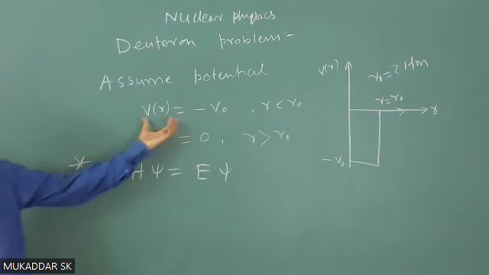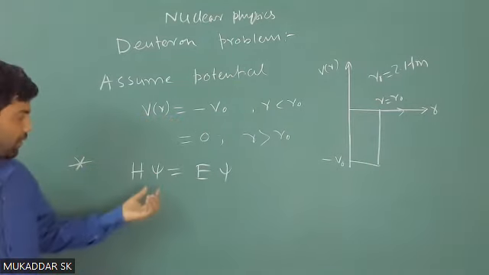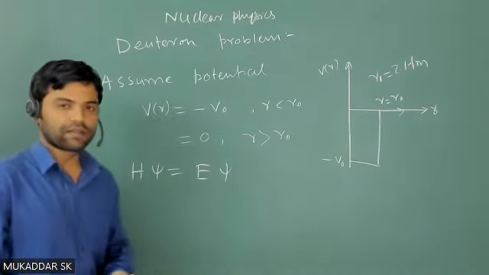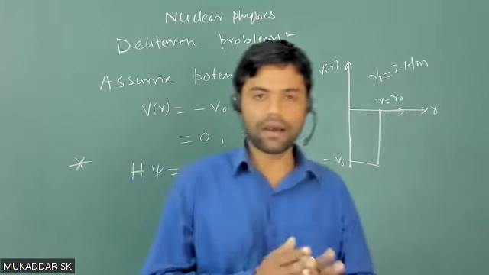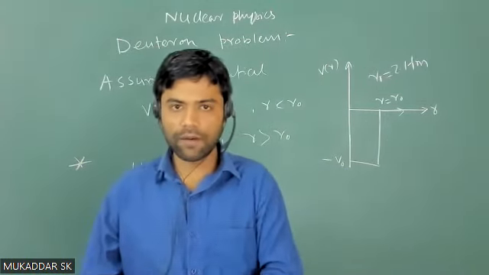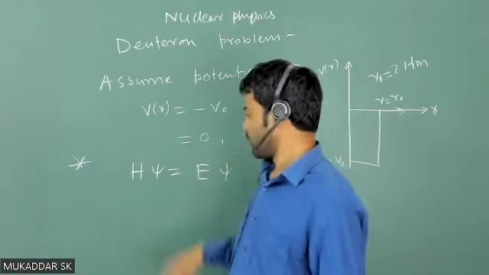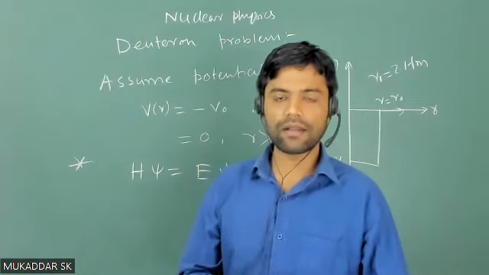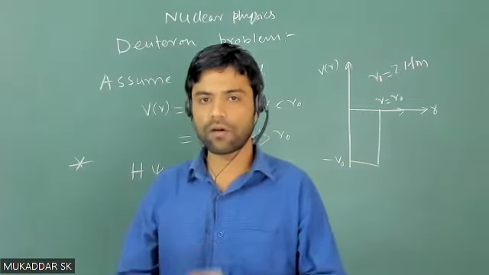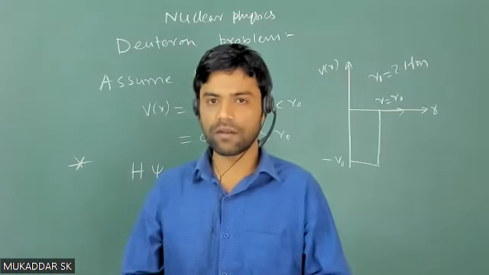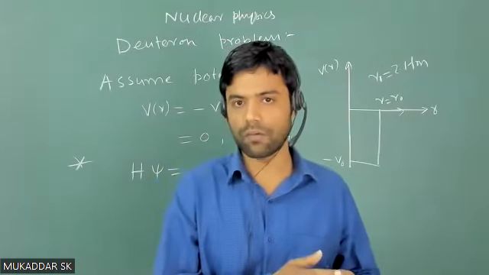And when you have a centralized potential, then this wave function psi has three components, R, theta, and phi. Whenever you have a centralized potential, you can easily separate the R component, theta component, and phi component using separation of variables that you have learned in the hydrogen atom problem.